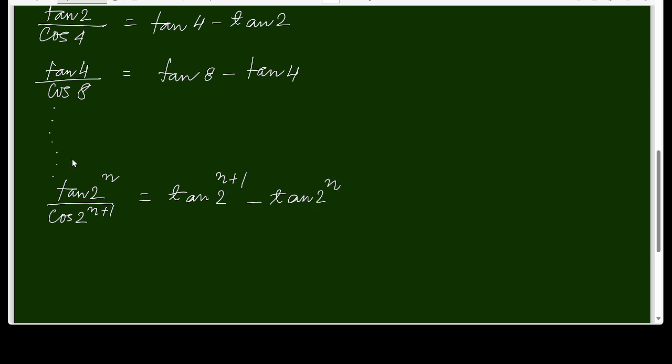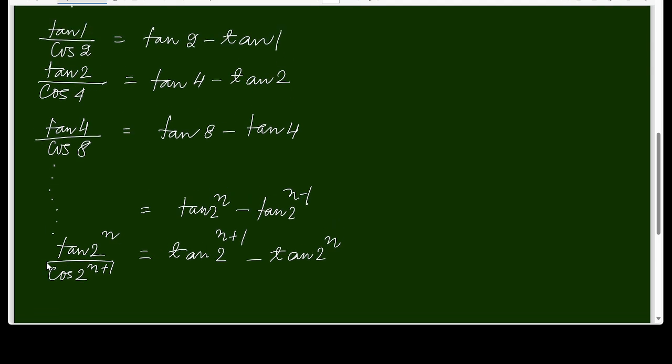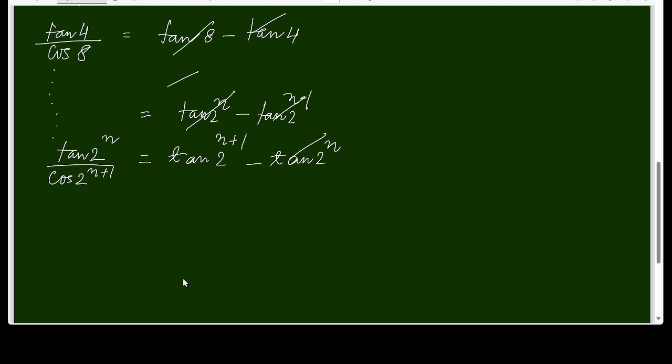So it is obvious that the last but one term must have started with tan 2 power n, which will be cancelled with this minus tan 2 power n minus 1. So adding all these terms, this 2 will be cancelled, here will cancel, and this will be cancelled with the last one. So here this term will be left and the first term will be left. So the sum will be adding all the terms.